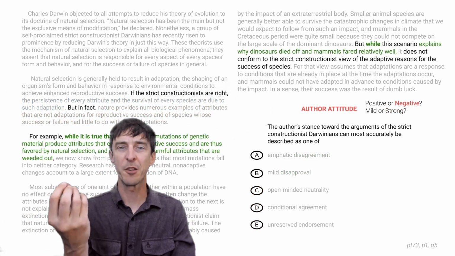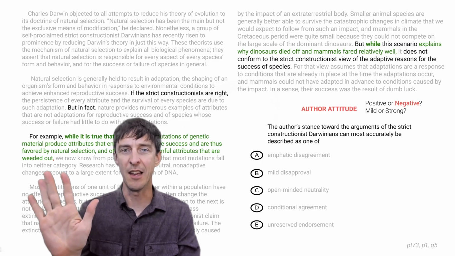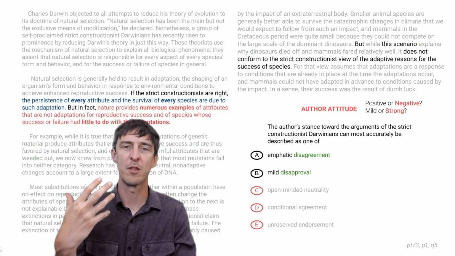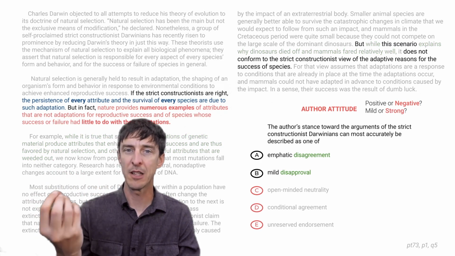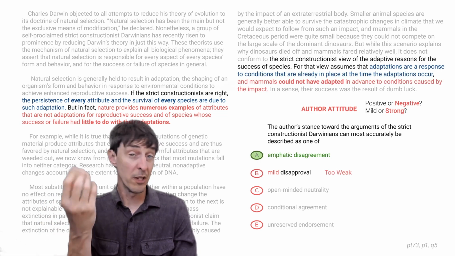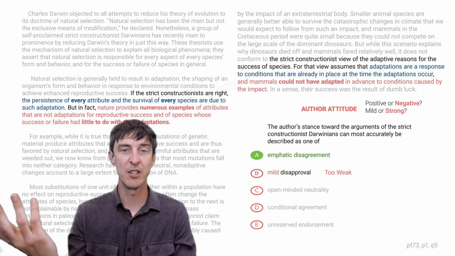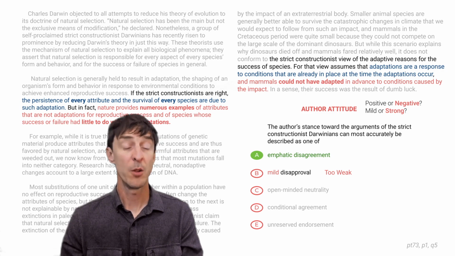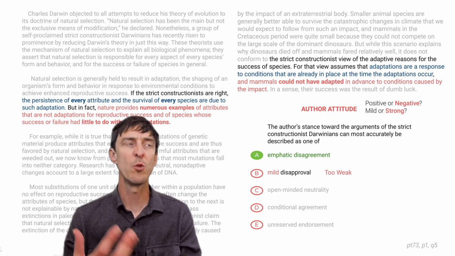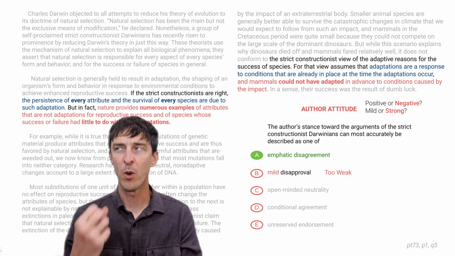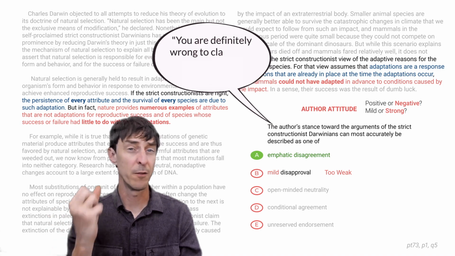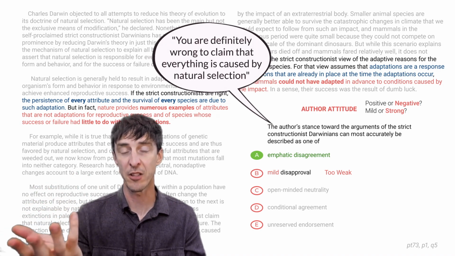And the concessions could be like, yes, it explains a lot. That might feel sort of like we are only mildly disapproving, but we're literally refuting a conditional statement. So A is the correct answer. It's just too weak to say mild disapproval when the whole passage is written to falsify what the strict constructionists are claiming.